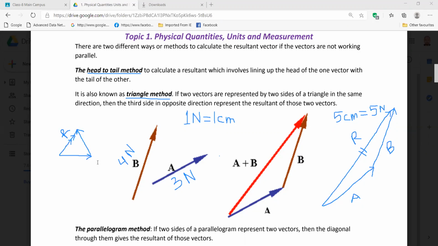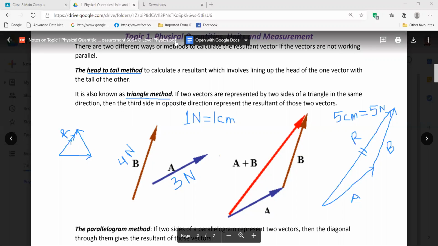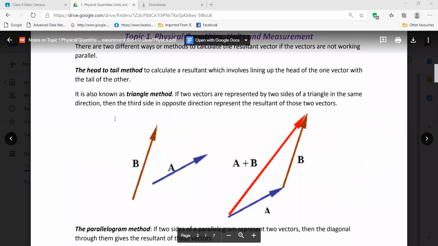But the action and working, everything is the same. So is it clear now, everyone? Yes, sir. Okay. Can we go to the next step?